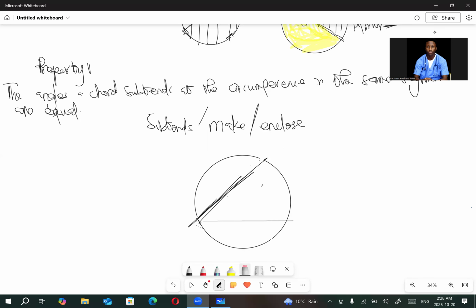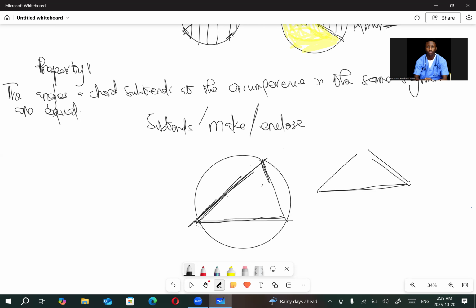So a chord is said to subtend an angle when a line comes from one end, then another line comes from the other end to join that. You see? It's like end, end. One line comes from one end of the chord, and another line comes from the other end and follows through.